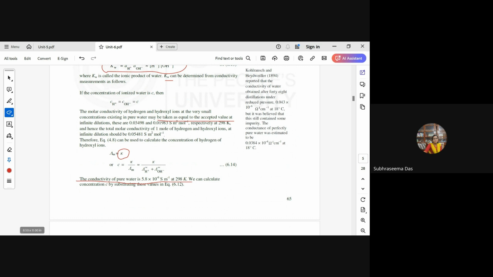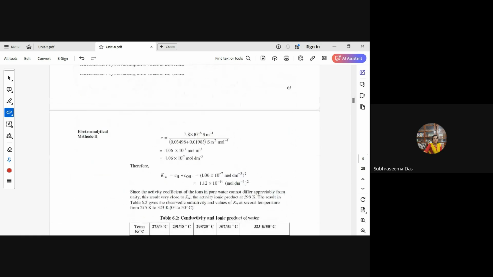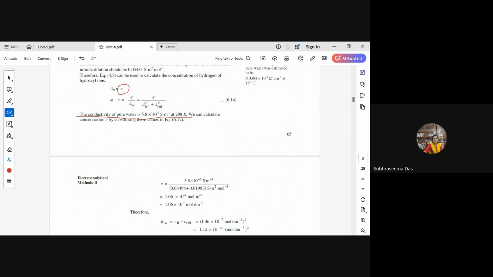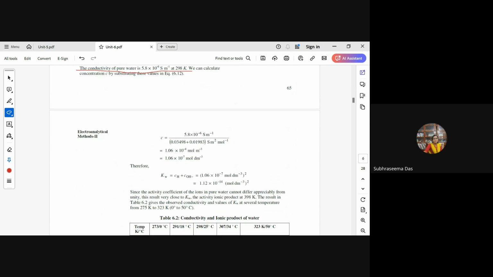Then we can calculate the concentration C by substituting the values in the equation here, and ultimately we find Kw is equal to 1.12 into 10 to the power minus 14. Since the activity of the ions in pure water cannot differ appreciably, the result is very close to Kw, that is the ionic product at 298 Kelvin.